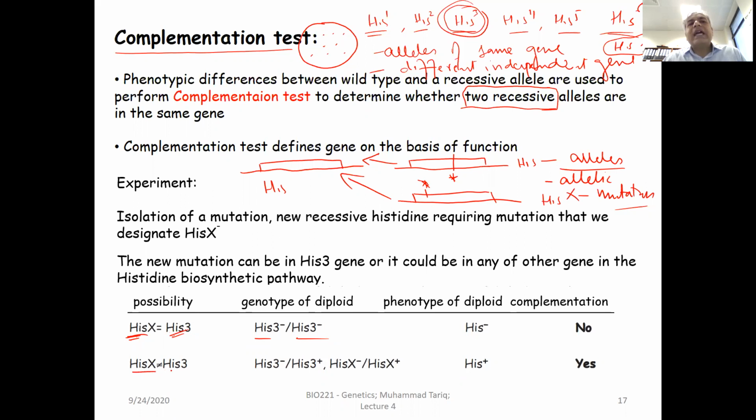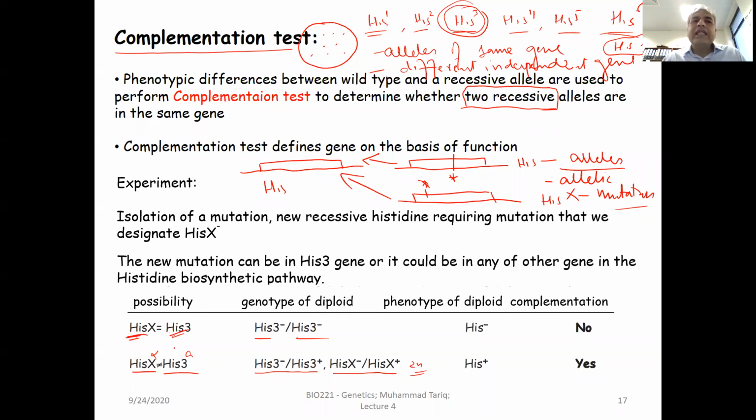And if his X is not equal to his 3, when you mate them, his X alpha mated to his 3 A mating type, the possibility is that his 3 will be heterozygous and his X will be heterozygous in the diploid, because they are different mutations.